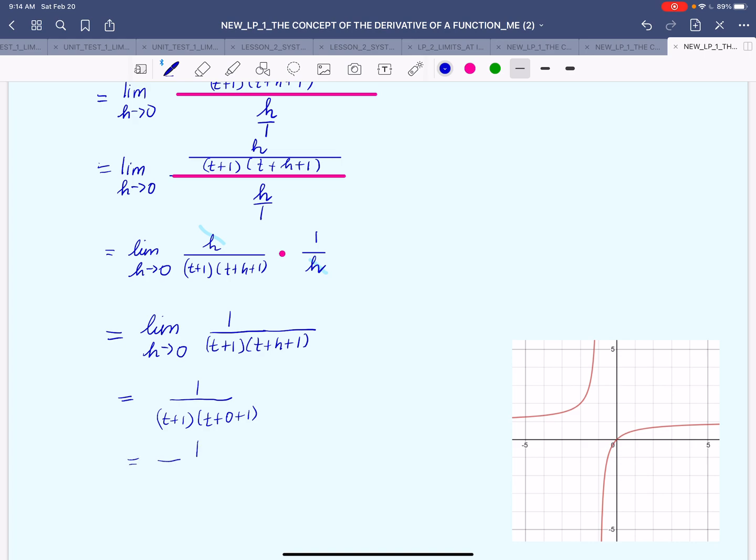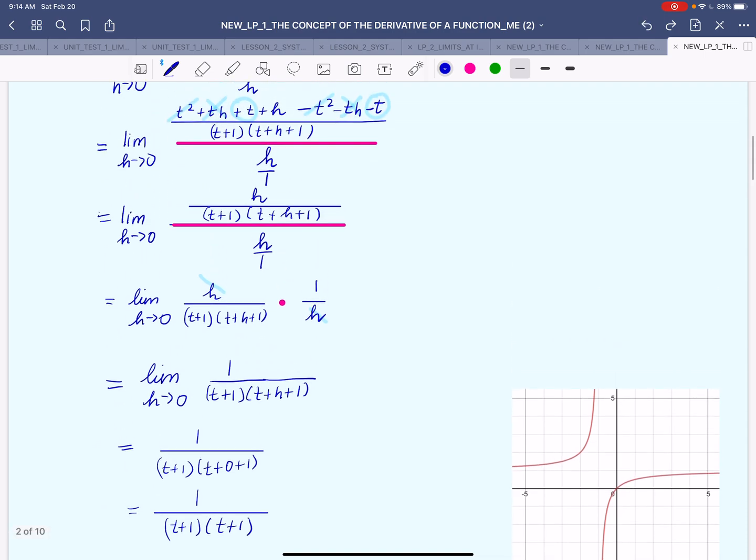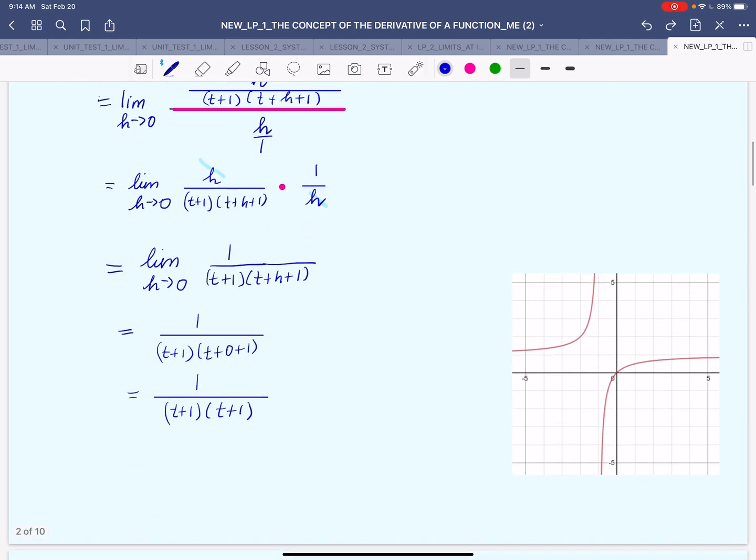Even better, 1 over, I really want to make this line a little straighter. Or you can obviously write this as, the name of this function was g, I think, or yes. So we can write here g prime t equals 1 over t plus 1 squared.